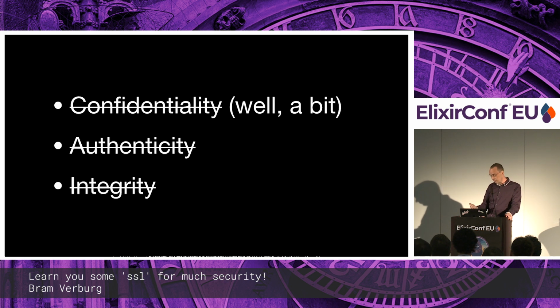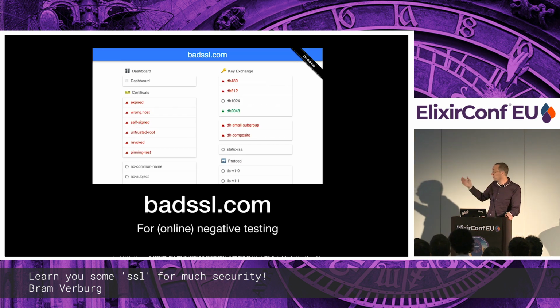So what's missing is, well, before I explain what's missing, it's important that you test these expectations. Like, we were expecting this connection to fail. And there are test endpoints that can help you. So badssl.com is very useful. It does require an internet connection.